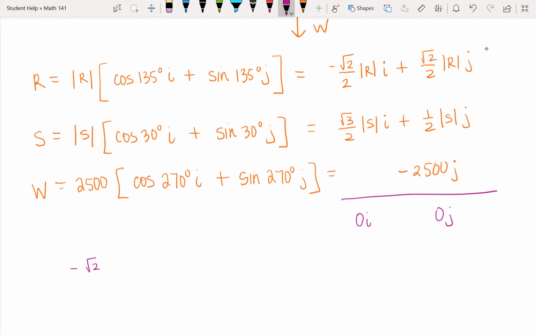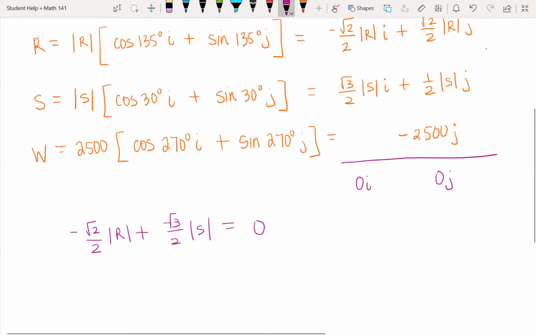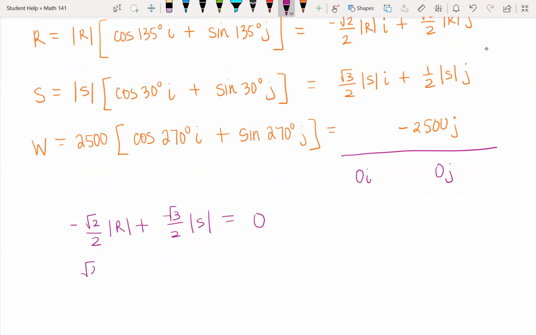So putting these together, I'll have negative root 2 over 2 times R plus root 3 over 2 times S should equal 0. That's taking the left column on its own. The right column is going to be root 2 over 2 times R plus 1/2 S minus 2,500 equals 0.